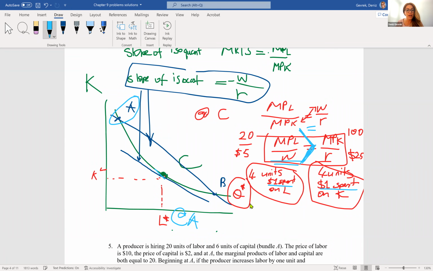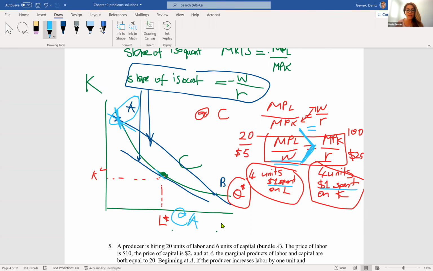The slope of my isoquant Q star right here, look at this, it's steeper than my isocost slope. The steeper the curve, the higher the slope in absolute value. So the slope of my isoquant is pretty steep here.